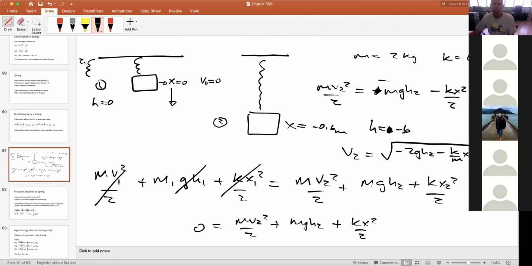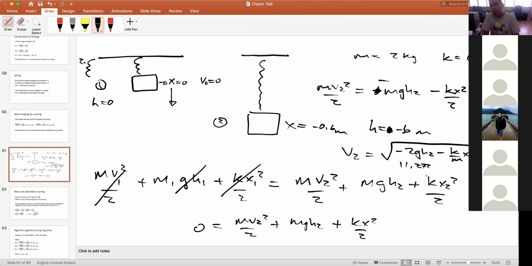So negative 0.6 meters. That would give me 2 times 9.8 times 0.6, which would be 11.772.